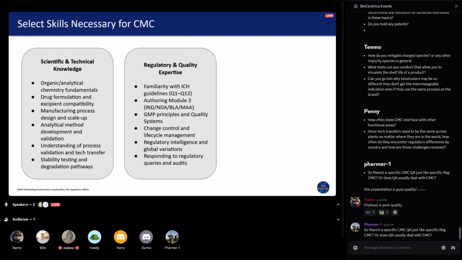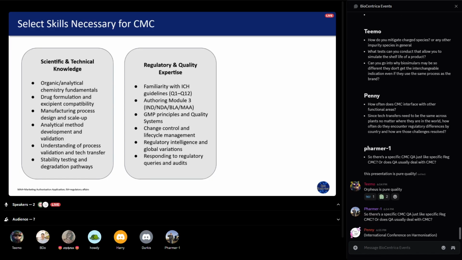A little bit more of the regulatory quality. You do want to be familiar with any ICH guidelines because that is probably one of the most important things that you need to know to ensure that you're running your studies correctly. And authoring, there is quite a bit of writing in Module 3 as well. It's a very, very large module. GMP principles, change control, lifecycle management is important because sometimes in the middle of a drug, like it's been marketed, maybe one day you think, I want to go into pediatric patients, but pediatric patients are actually very small, right?